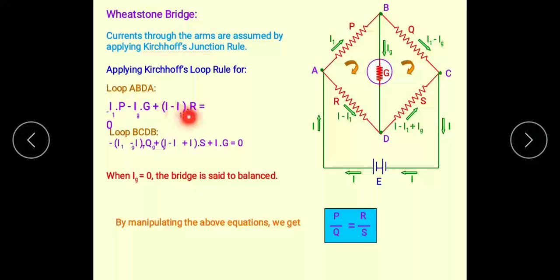So here we have written the potential difference as positive.